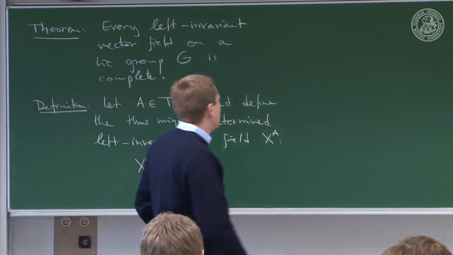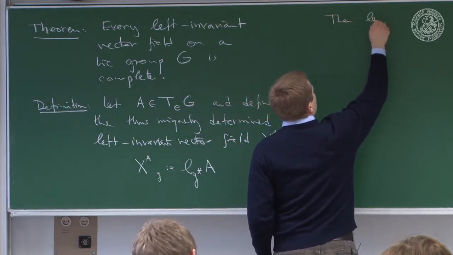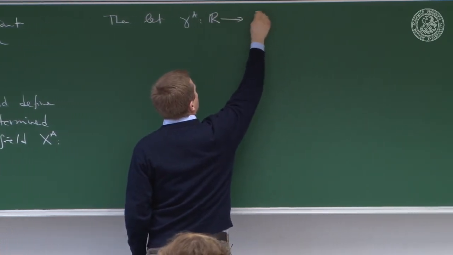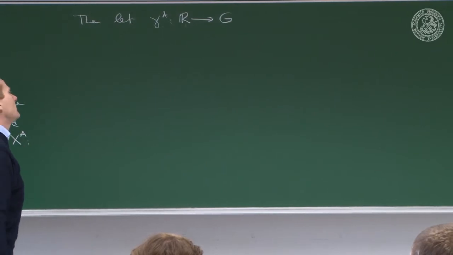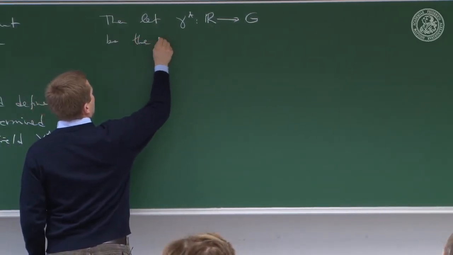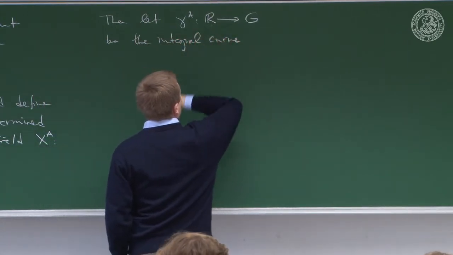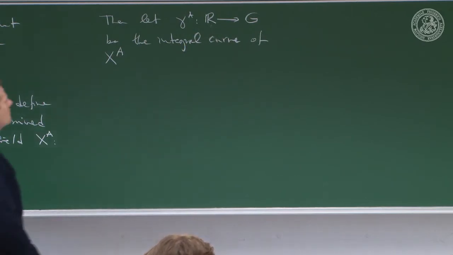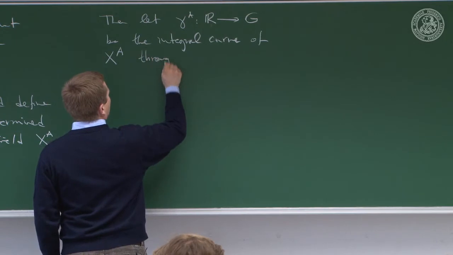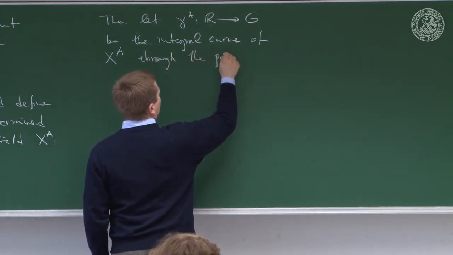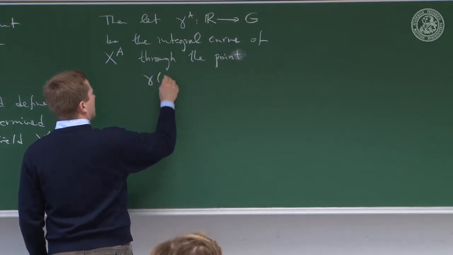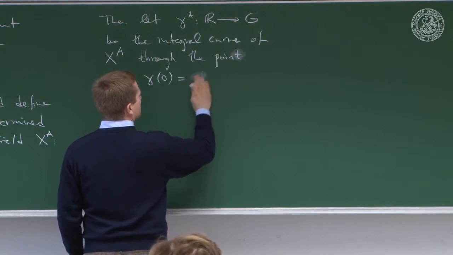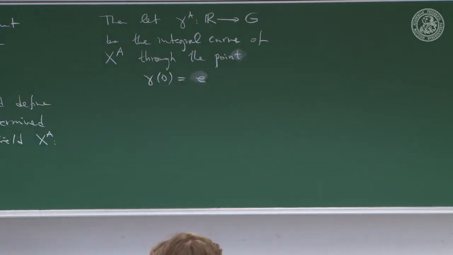So we start with such an element. Then let gamma, which we also call gamma_A, gamma_A from R to G, and this is now the point where we use the completeness, be the integral curve of this left invariant vector field through the point gamma(0) being the identity, so I called it e over here, being the identity of the group.